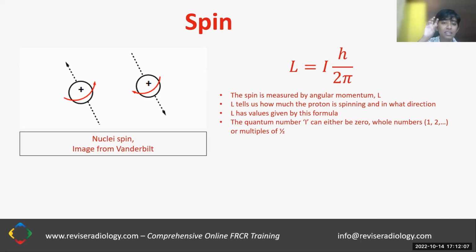You can think of it as a ball. So it can be 0, it can be 1 ball, it can be 2 balls, it can be half a ball, or 3 by 2 of a ball, but it can only have certain specific numbers attached to it. So that's how we'll think about the spin.